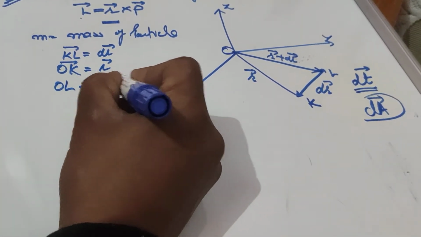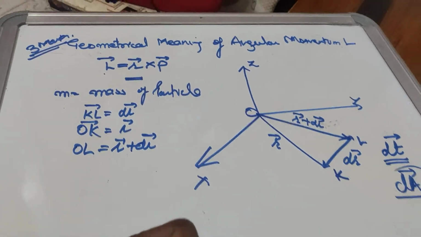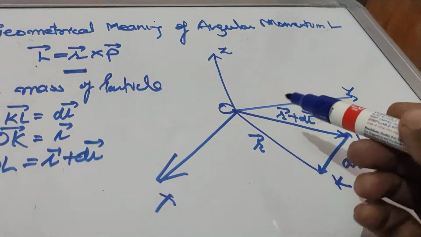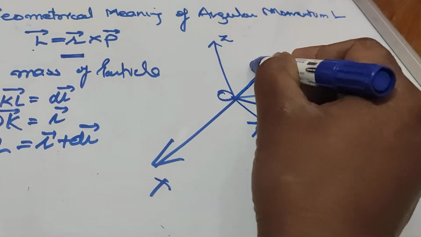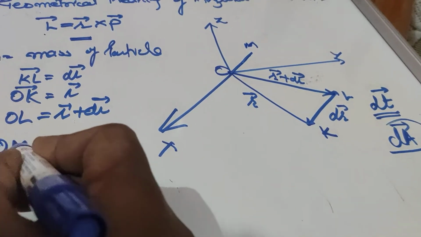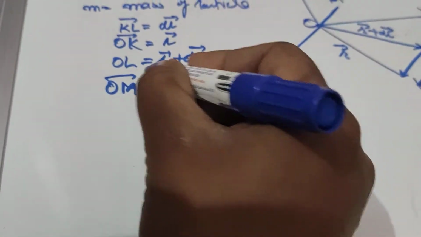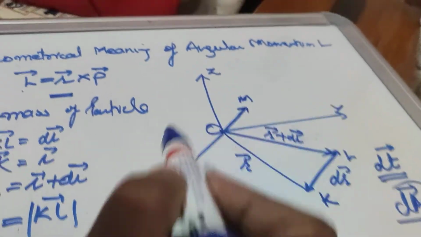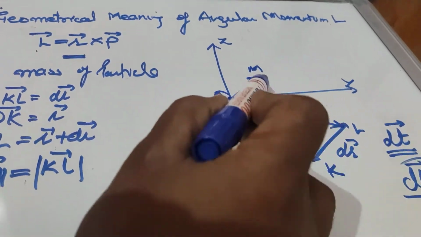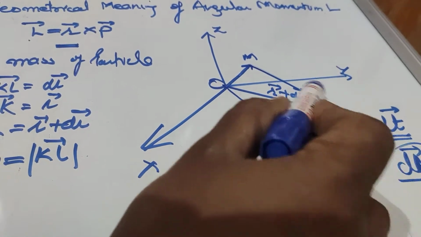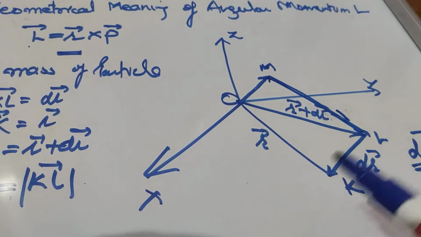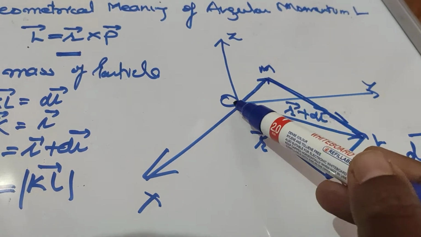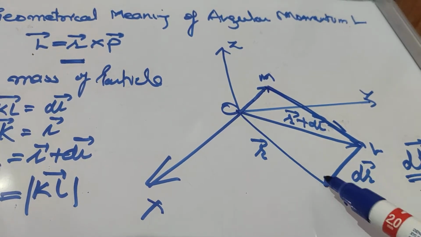So from O point draw a perpendicular OM, and let us suppose the magnitude of OM is equal to KL. So when we draw this perpendicular OM, we actually form a parallelogram OMKL. So this is the perpendicular distance in this parallelogram and this is the base.